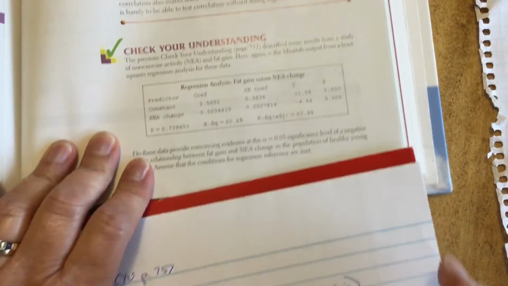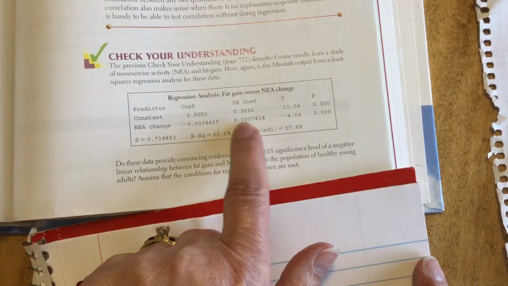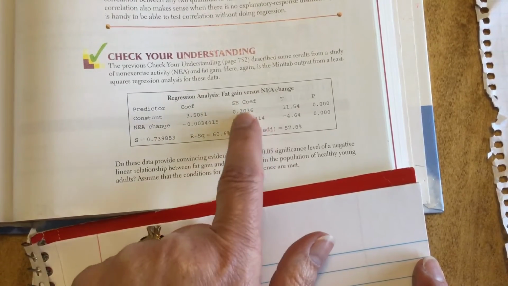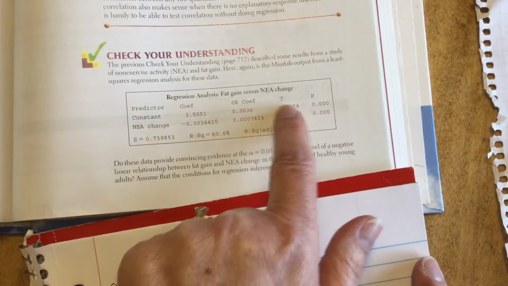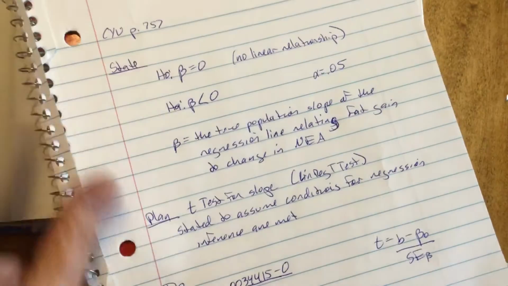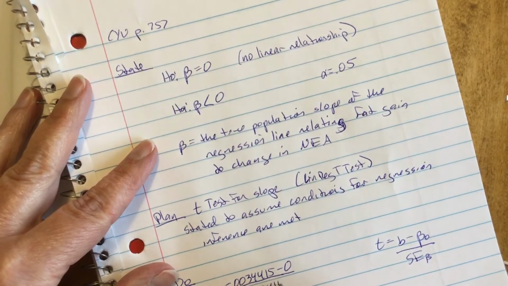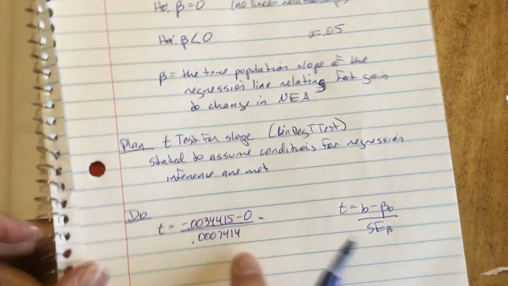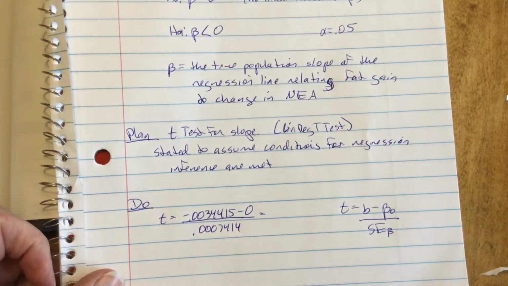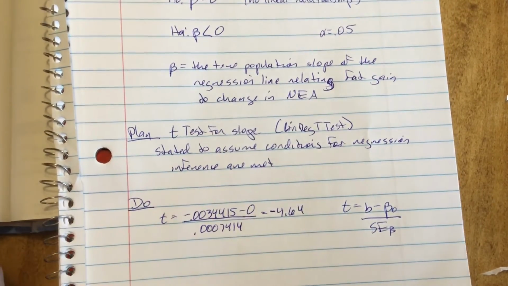So if I come up here, just like I used it in my confidence interval, I'm going to use that standard error down here. Remember, don't use the top row, those 3 things, use these bottom 3. Okay, so there's my standard error. If I throw that in the calculator, I get negative 4.64 as my t-score.